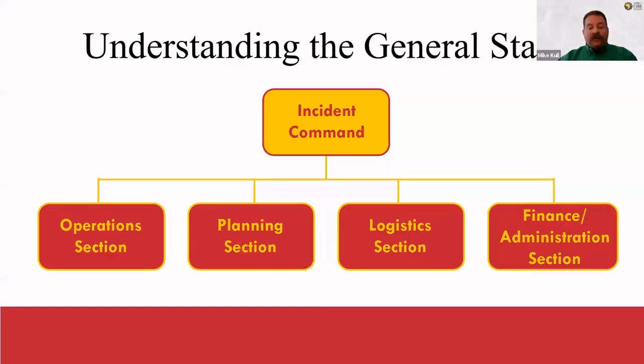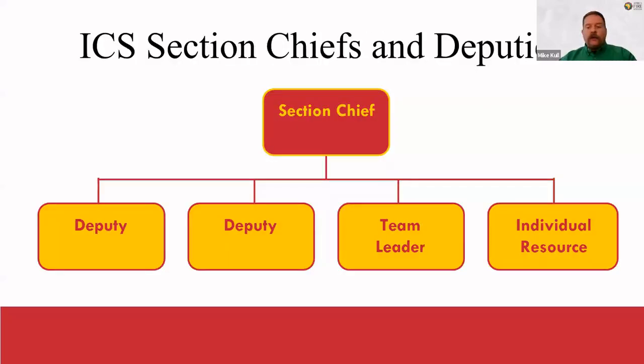All right. How do we delegate when they need more help? Underneath of them, how do we break down stuff, people working underneath of that section chief? This is how we're going to do that here. You can use position titles of deputy, so the deputy operations section chief.